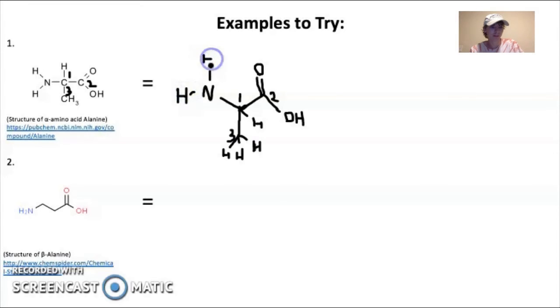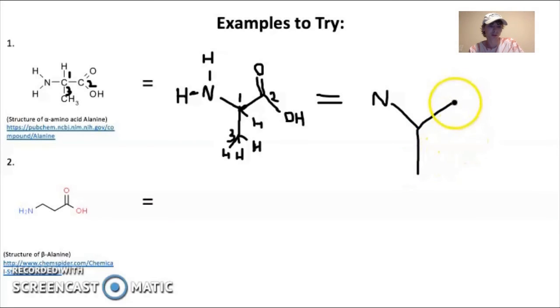Okay. And then finally, I'm going to redraw this molecule again, numbering the carbons, but this time removing hydrogens from these carbons. So like I said, you don't have to redraw the hydrogens if you don't want to in the second part. So it's worth noting that you need the hydrogens on atoms other than carbon, including the oxygen and nitrogen here, but you don't need to keep them on the carbons.